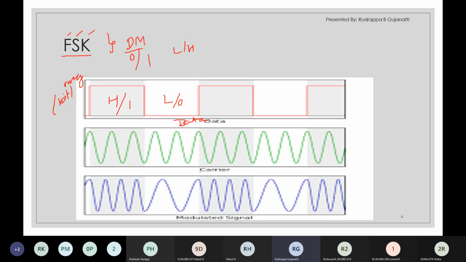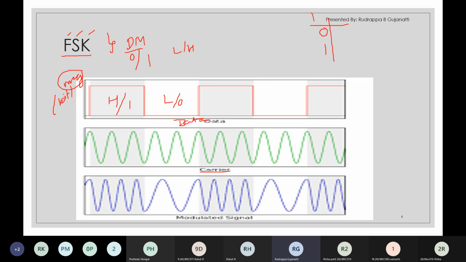Next we have the carrier, which will be modulated based on this message signal. Now, how will the modulation go ahead? Since there are only two possibilities, the bit stream will be either 0 or 1.